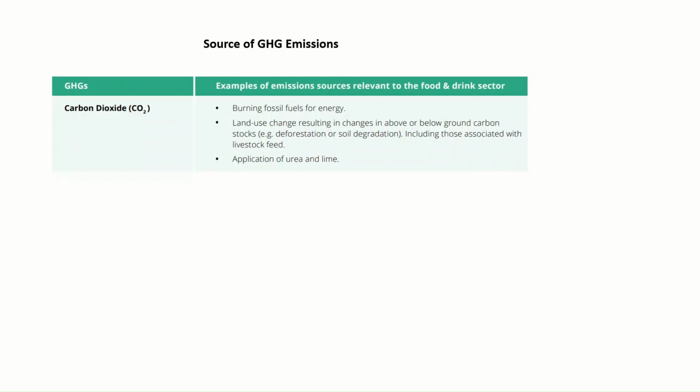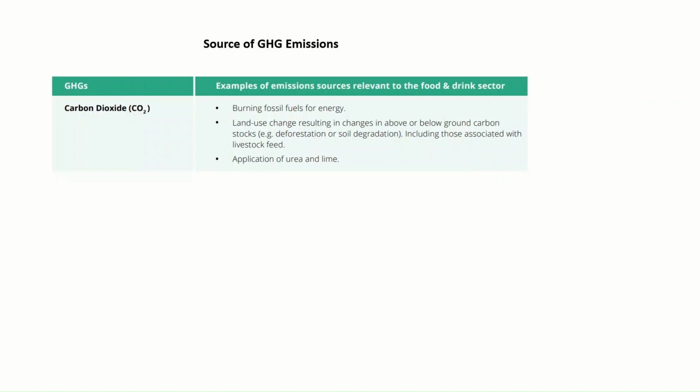Each stage requires some kind of energy, and that energy can be from non-renewable sources. The higher the amount of energy required, the higher the carbon emissions. So if a processing is very energy intensive, that means it requires more energy, and then definitely the emissions would be higher. So the first possible source would be fossil fuels.